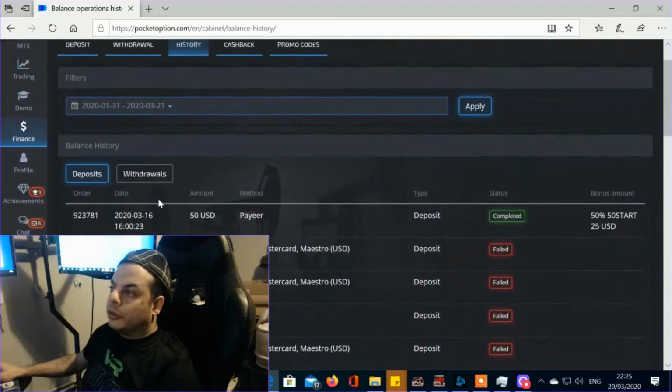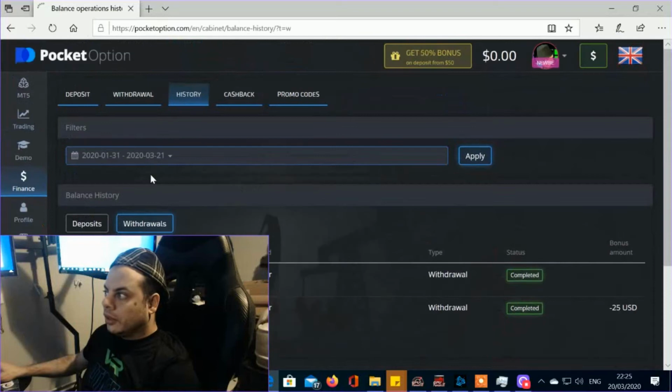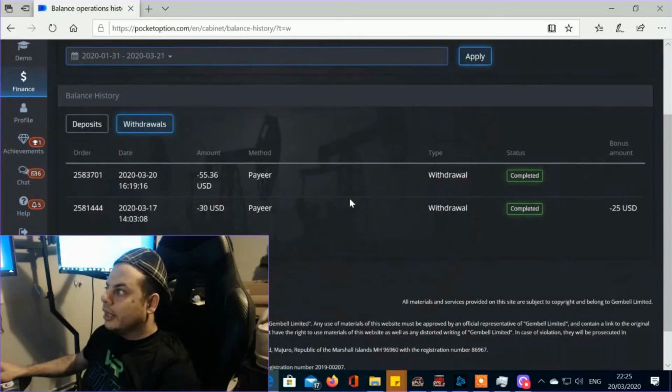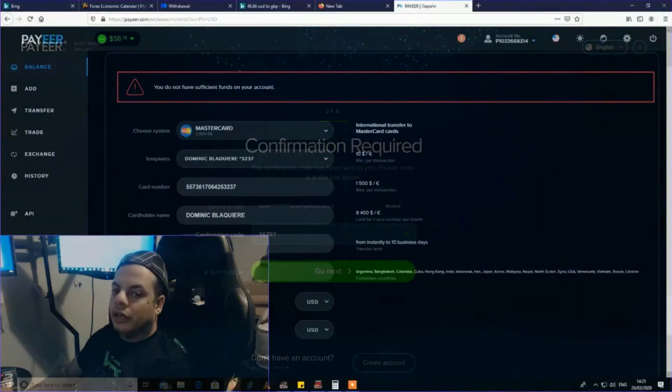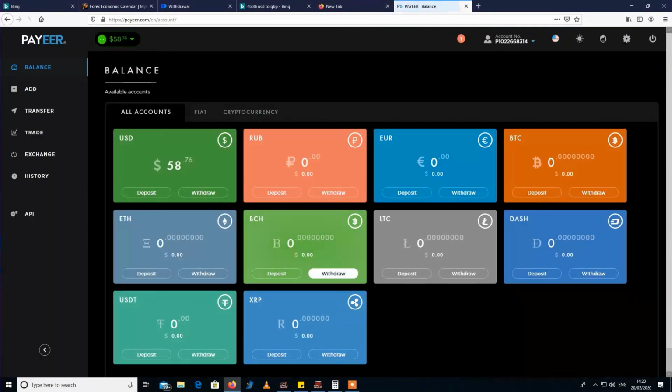That's the only deposit I made, and if I go to withdrawals here, you'll see that I made a $30 withdrawal, which I recorded the previous day when I said it went through, after messing around with all different cards. And then today I made a 55.36 withdrawal back to Payeer. I then logged into my Payeer account and withdrew the amount they had just deposited into my Metrobank account.